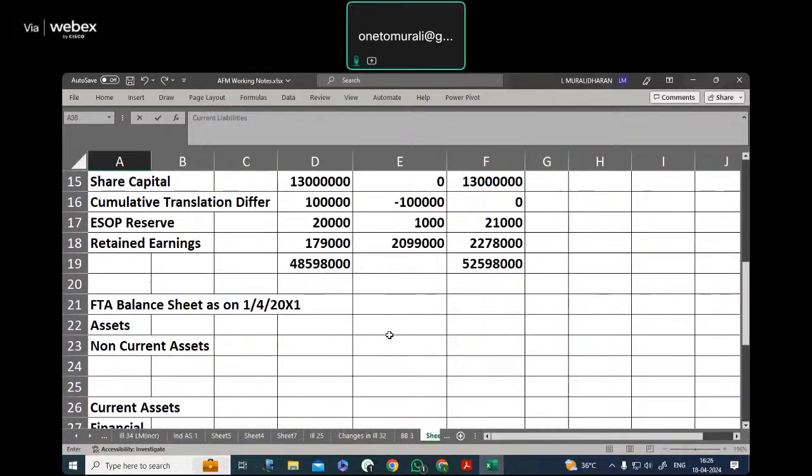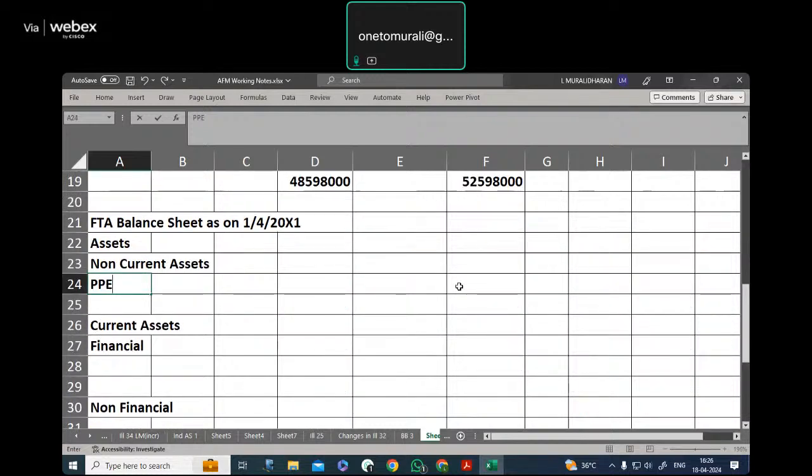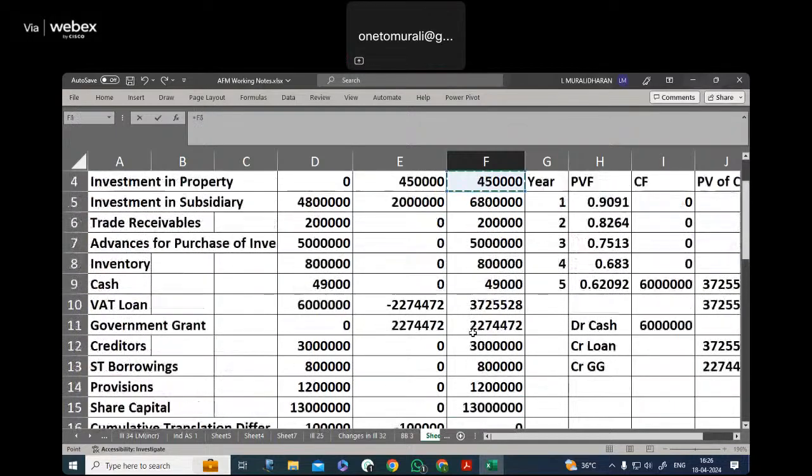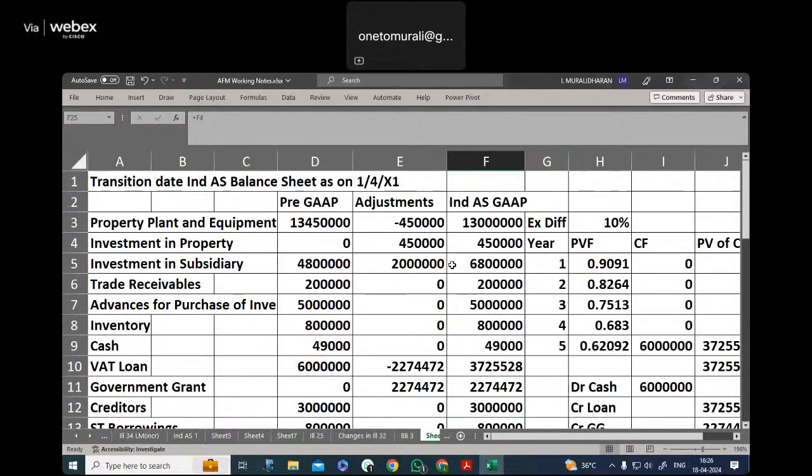The final figures only we will take up. So PPE, so we will pick it up from here. PPE, then investment in property, right?